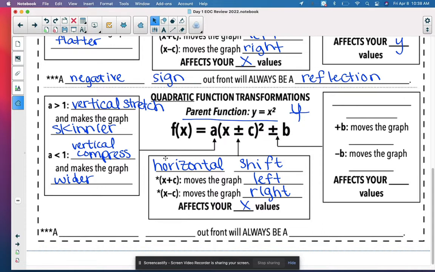So this is again a vertical shift. Positive goes up, negative goes down, and this affects our y values or our y-intercepts. And lastly, same thing, a negative number or negative sign out front will always be a reflection.